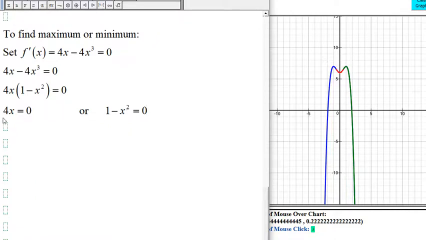So right here, dividing both sides by 4, we get x to be 0.